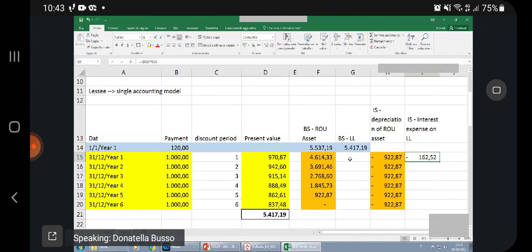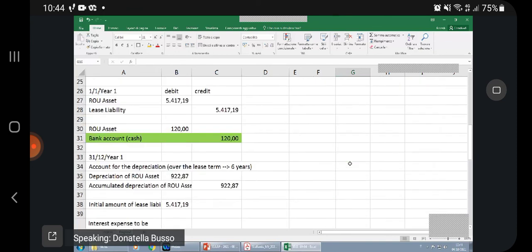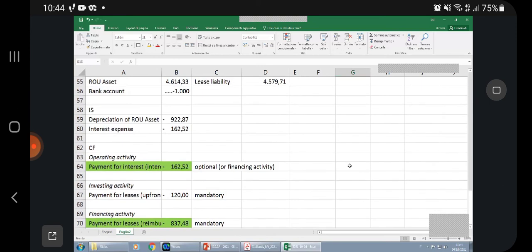So look, the amount of the lease liability at the end of the period is equal to the amount at the beginning of the period minus the principal reimbursed. And the principal reimbursed is the difference between 1,000 and the interest paid. If I'm not wrong, 4,579 is exactly, where are you?